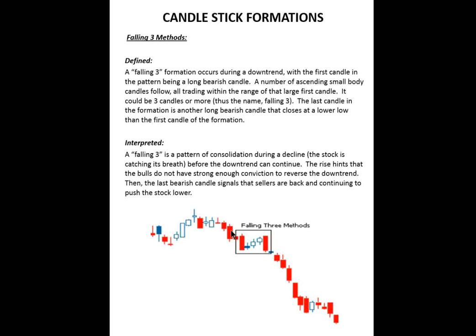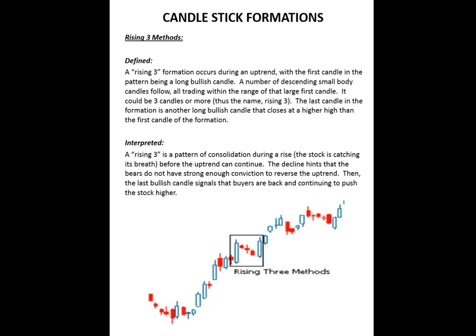So you'll see price on a decline, a large down day, followed by a few candles back up, and then it continues its down move. All it is, it's a consolidation pattern that occurs in that chunk of time. Then you also have a rising 3, where price is rising, you get a large up day, followed by a few days of down that don't violate the candle body of that large candle.